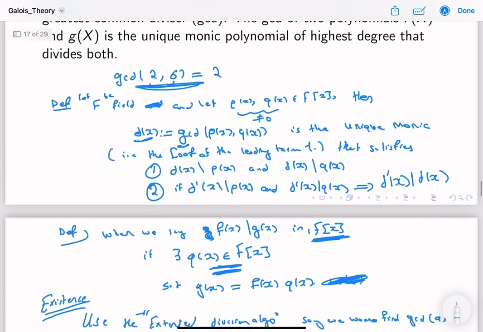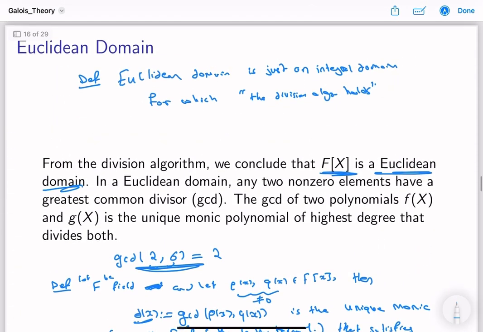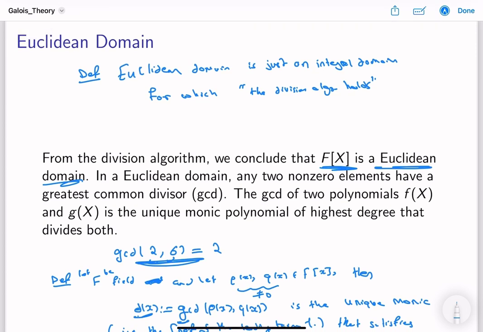So this is all I wanted to mention about Euclidean domains. Just to recap here, we started with the ring F[x], and we proved that it's an integral domain, and then we proved that the division algorithm holds in F[x]. Then we said that F[x] is just an example of a so-called Euclidean domain.